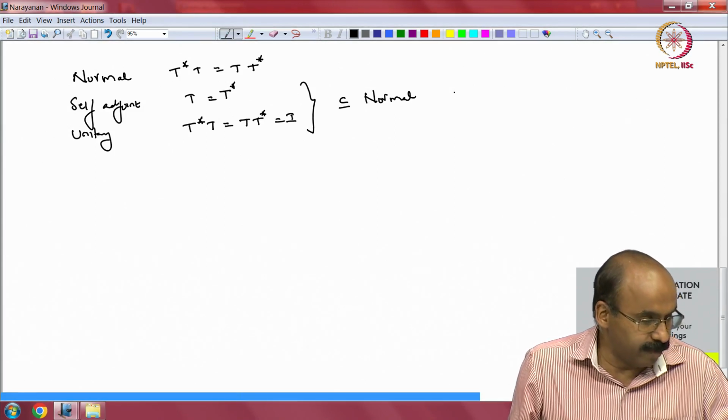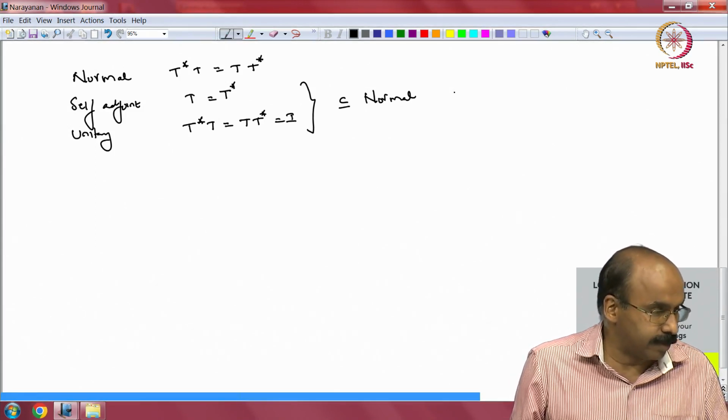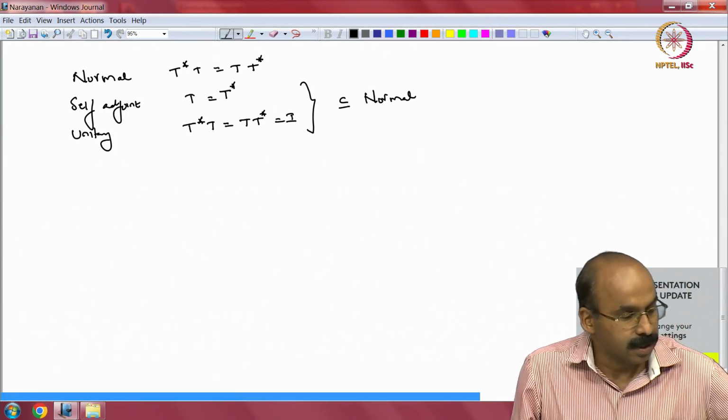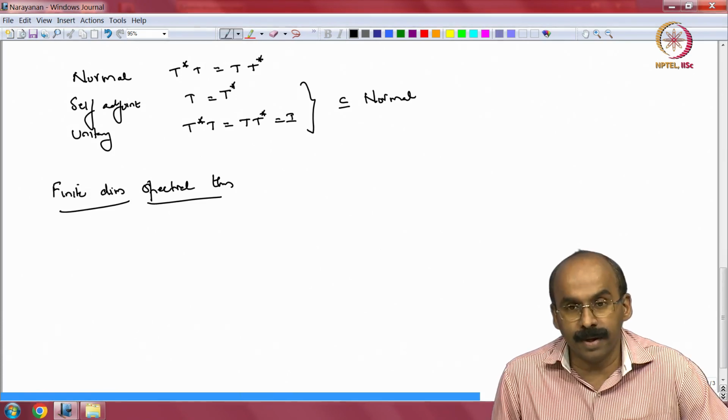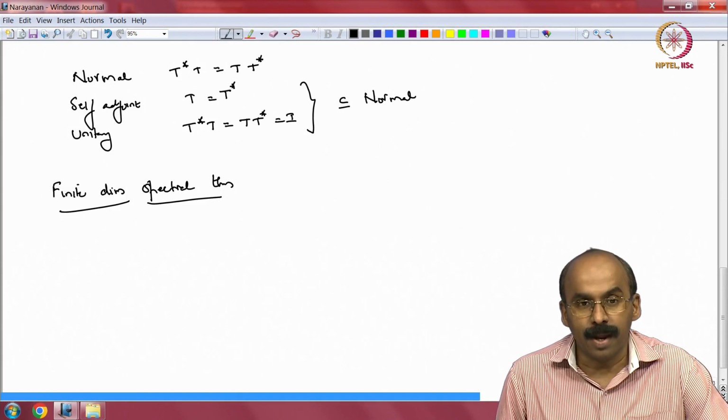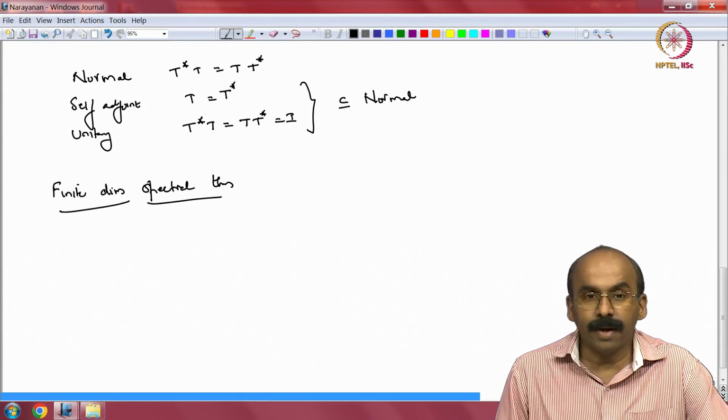Okay. So, we will go ahead with proving the finite dimensional spectral theorem. In simple words it says that if I have a normal linear transformation on Cn, then I can diagonalize it.